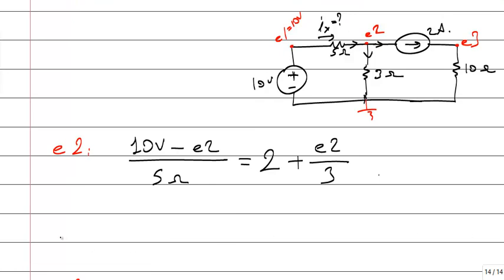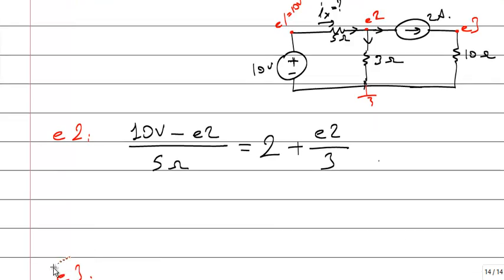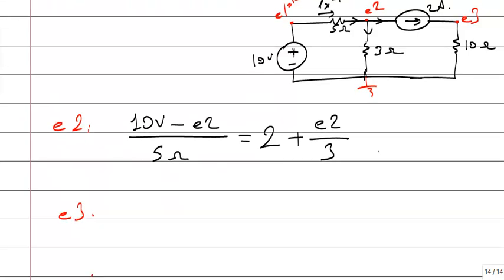The second equation is for E3. Let's write E3 together. It will be on this. This current is equal to that current. Entering current to E3, 2, is equal to exiting current, E3 minus 0, no need to write, divided by 10.